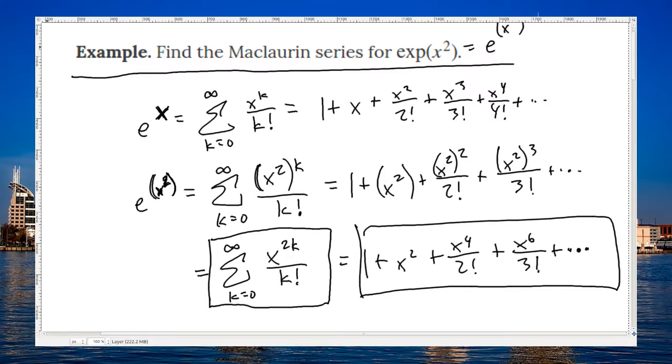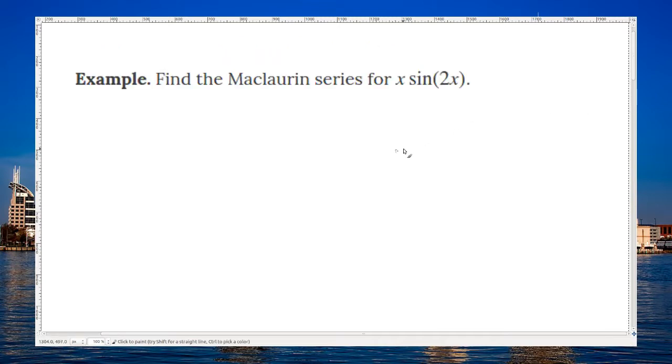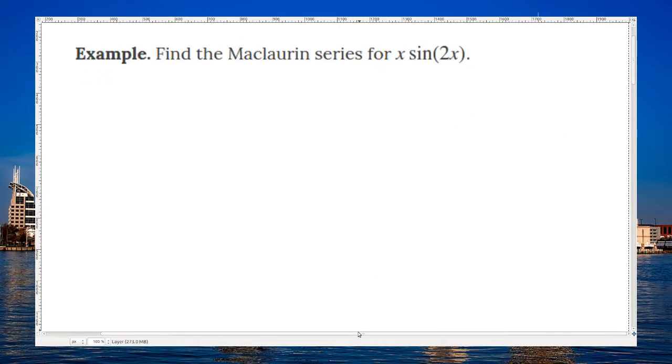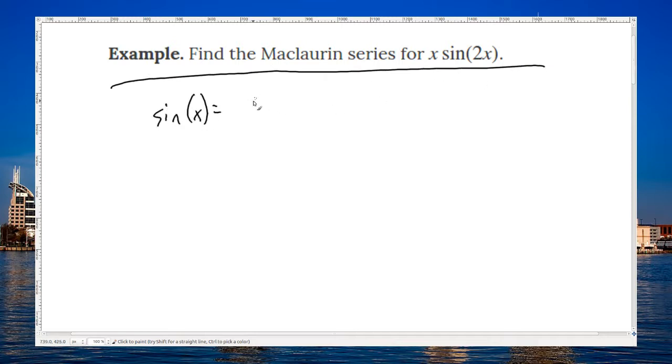All right, let's do one more example. We're going to find the Maclaurin series for x sine of 2x. So to do this, we'll start with the fact that sine of x is the series -1 to the k, x to the 2k plus 1 over 2k plus 1 factorial.